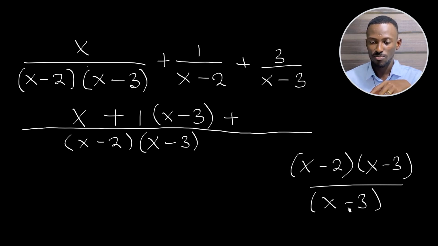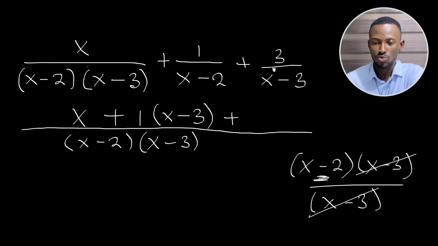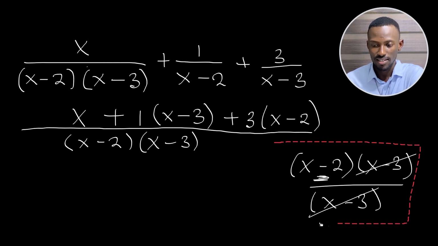So this denominator, x minus 3, will cancel, leaving us with x minus 2. So that x minus 2 will be used to multiply the numerator, which is 3. You have 3 multiplied by x minus 2. Good. I think that is clear. So let's clear this from here.